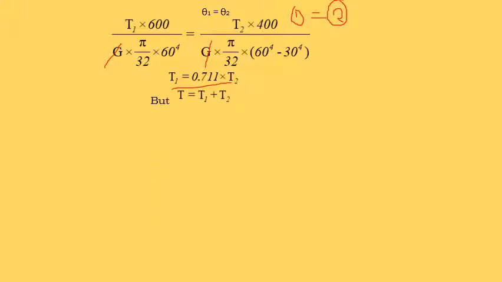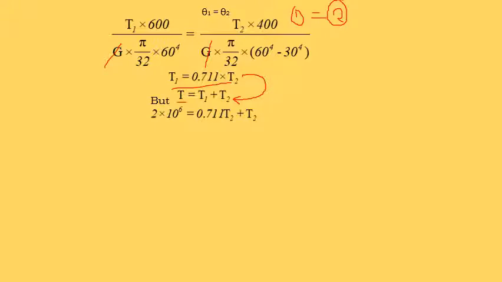Next, the second condition for shafts in parallel is T is equals to T1 plus T2. Substitute T1 value in this equation. T value is given in the problem, that is 2 into 10 to the power of 6.